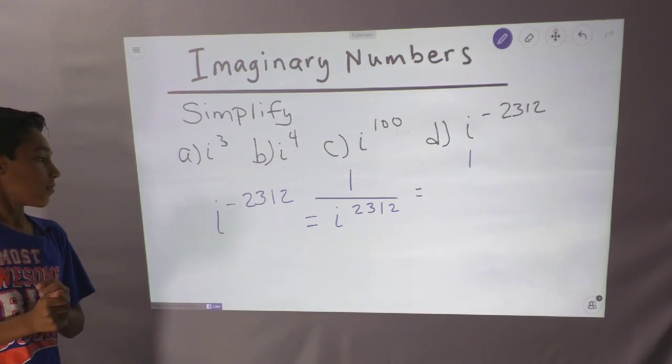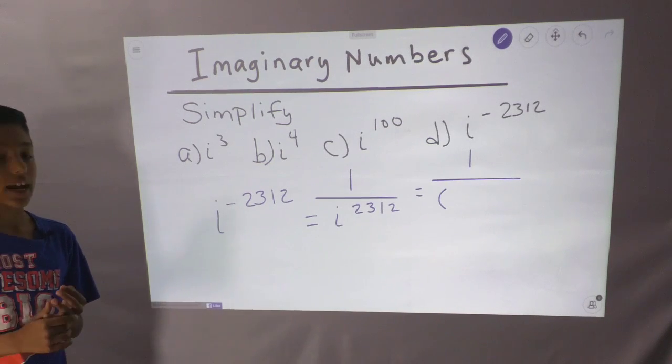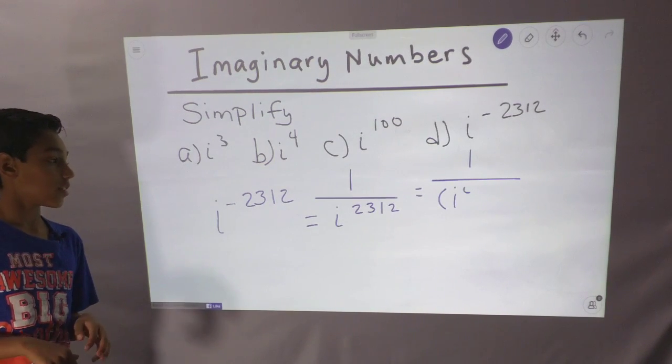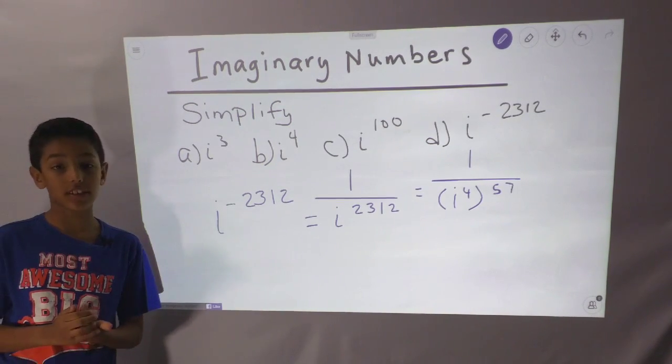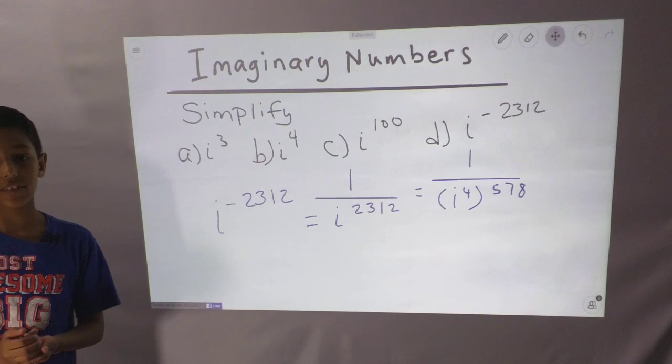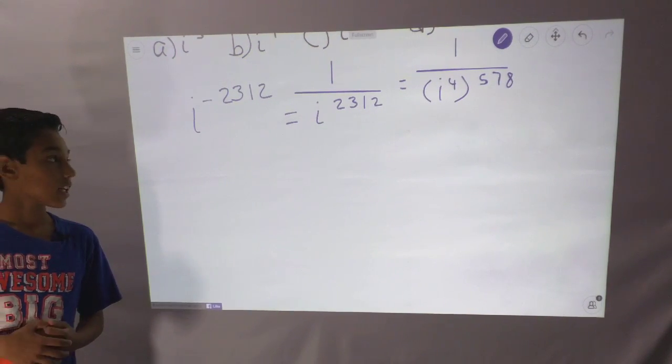So we can simplify this into 1 over i to the fourth in parentheses, to the power of 578, since 4 times 578 is 2312.